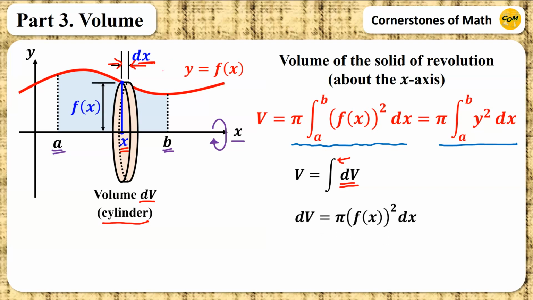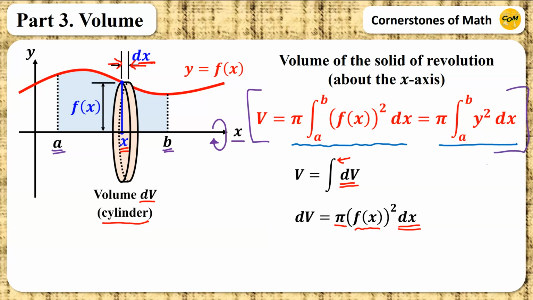Then the volume of the cylinder is, its base is a circle, so the base area is pi times the radius squared, where the radius is f(x). And the height of the cylinder is dx, so we have dV equals pi f(x) squared dx. And that's why the formula looks like this.